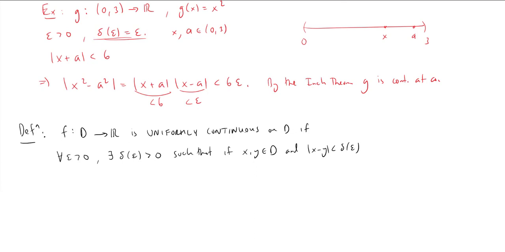It does not depend at all on what your x and y are. Then the f images of x and y, the distance between them, is bounded by epsilon.